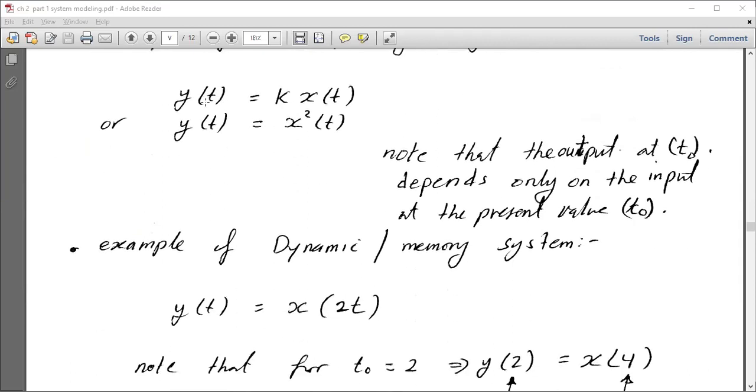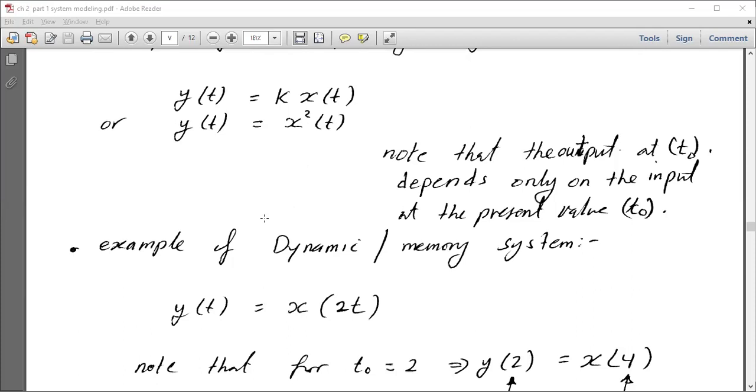Example, let's see this one. y of t equals k, a constant, multiplied by x of t. Is it memory or memoryless? Let's see your answers on the chat. If you're sure it's memory, write memory; if you think it's memoryless, let's see. Of course, dynamic and static: dynamic is for memory, static and instantaneous are for memoryless.